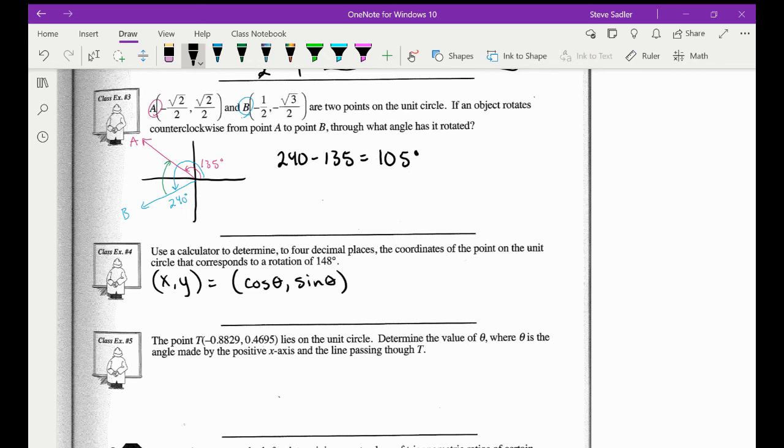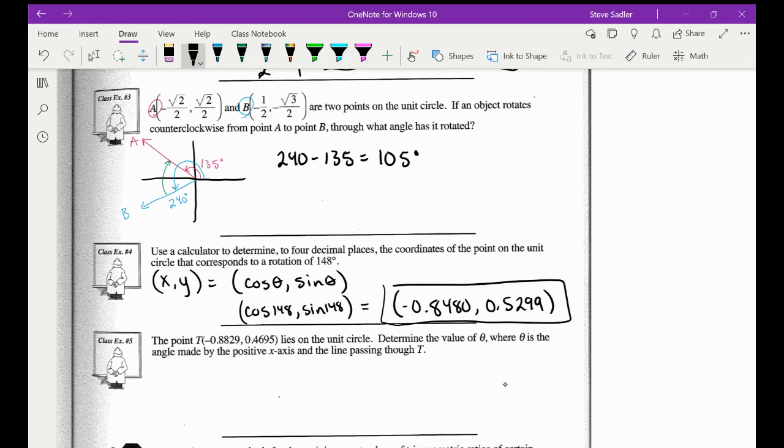And we can actually just type that in. Cos 148, sine 148. And that equals, cos of 148 is negative 0.8480. And sine of 148 is 0.5299. That's your final answer.